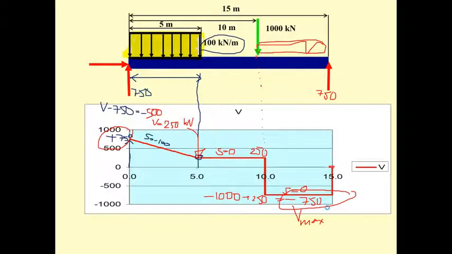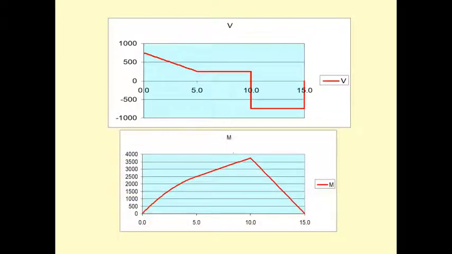Go to the moment diagram. If you draw the moment diagram, you consider the shear diagram. There is no external moment at this support, so at this support the moment is 0. Since this one is 0, we come here and we got the shear of 750.